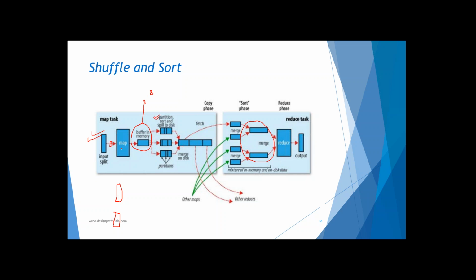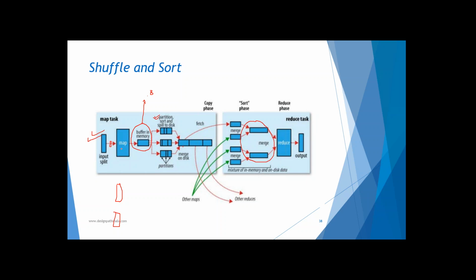And while that data is spilled onto the local disk of the mapper, before spilling it out, that data is partitioned, and the partitioning happens based on the number of reducers which will be created for this job. So data is partitioned based on the hash codes of the keys. They are bucketed into partitions, and each partition is intended for one reducer.